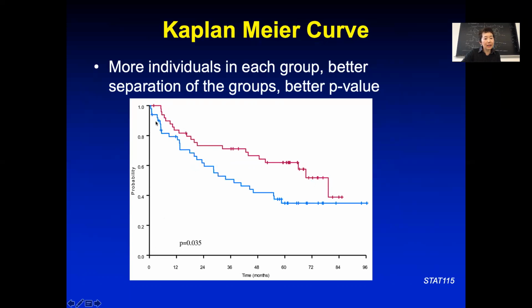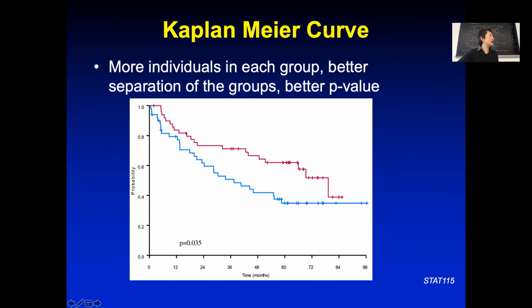And you are just asking, here is the probability of survival at each month in this study. This is up to 8 years, right? The goal is to see whether these two curves are significantly different from each other. And in this case, you would probably say that this subgroup and the other subgroup are very different.